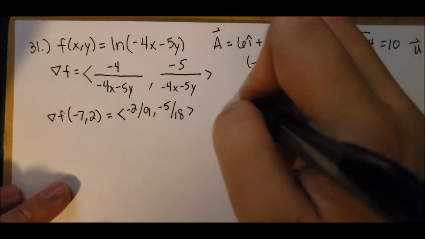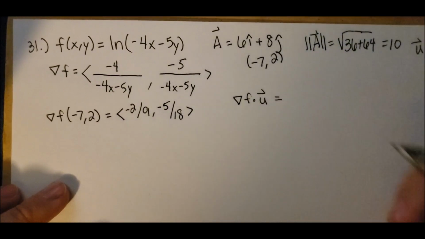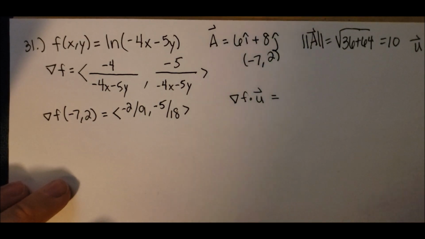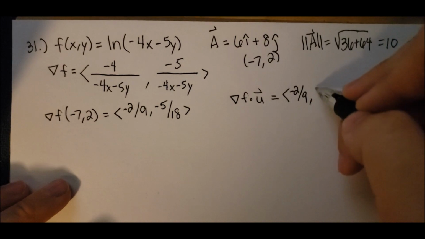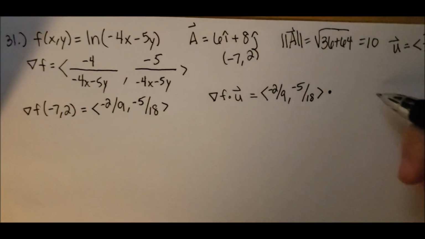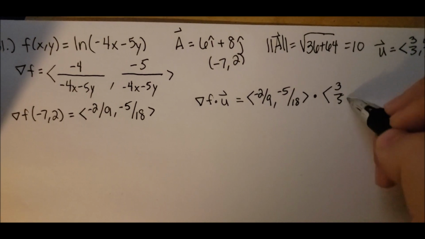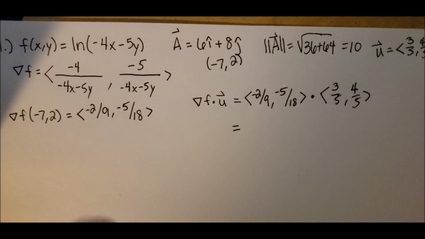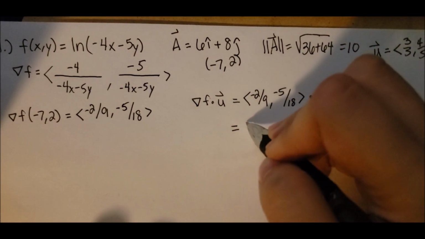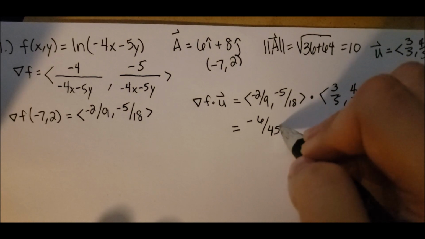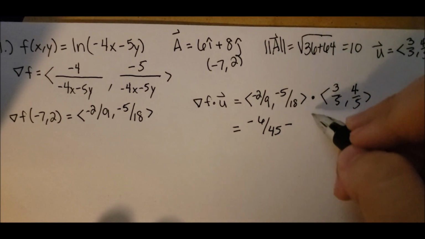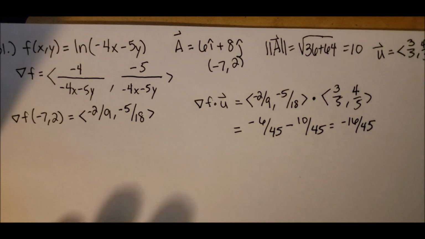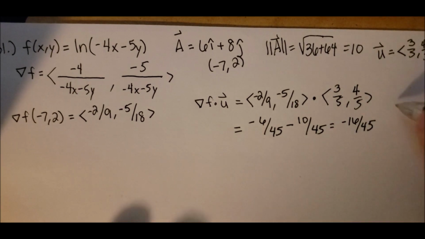And then we're going to dot the gradient with the unit vector. And that gives me the derivative in the direction of A. You get negative 16/45, which is B.